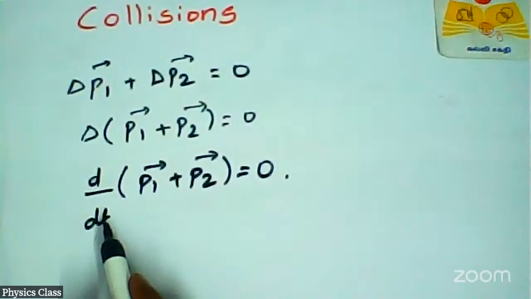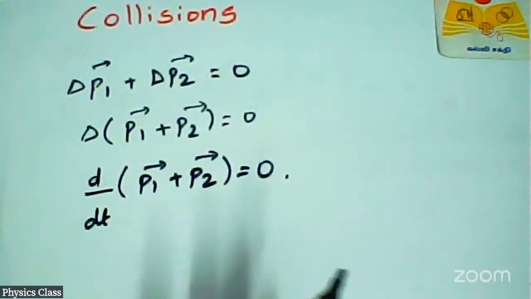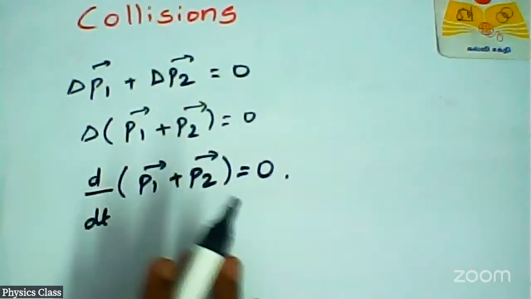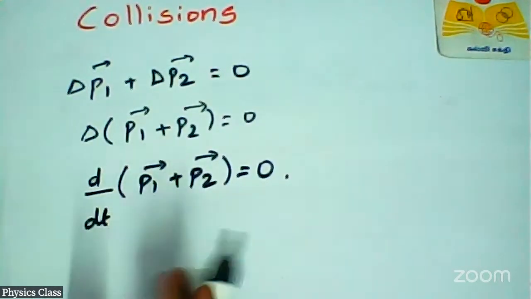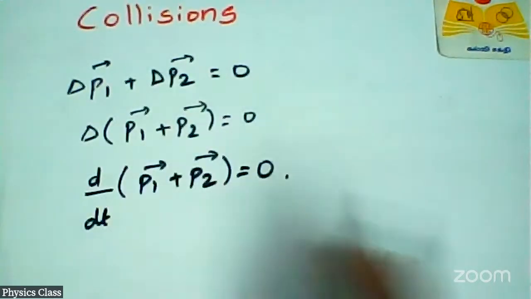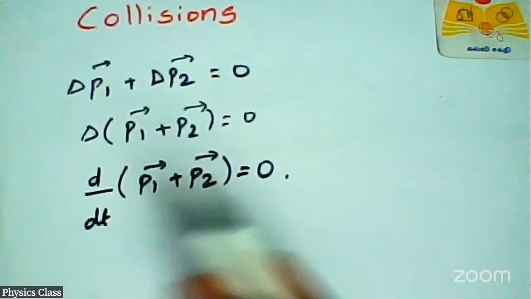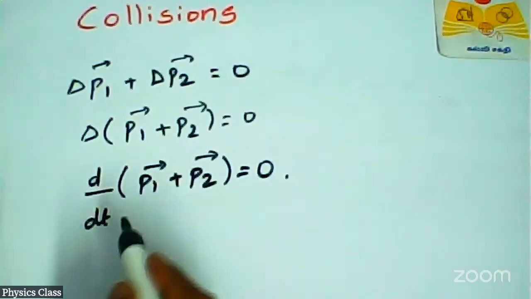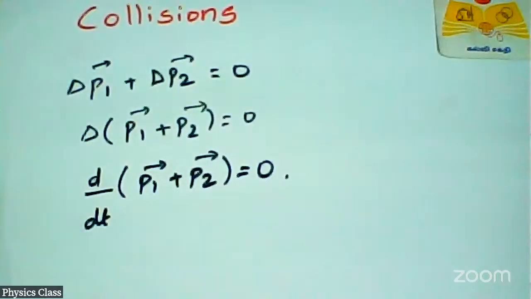All quantities are differentiated with respect to time because time goes on. We can compare a quantity with respect to time because time is an independent quantity. It does not wait for something to happen. It always goes on. But momentum, force, and position can be differentiated with respect to time. So that is why I put dt here.